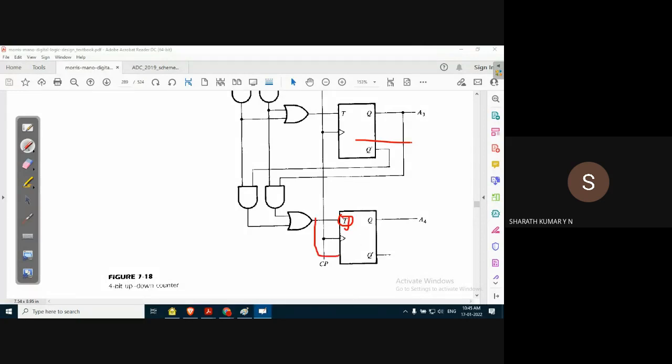Wherever only toggling operation is required, we can straight away go for a T flip flop. So the right choice is the T flip flop.